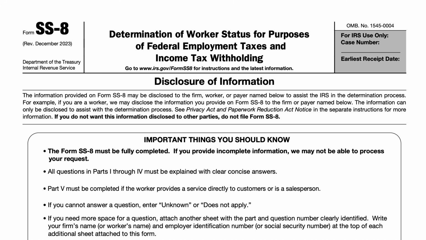So generally speaking, the more independence you have in your ability to do your job, if you have flexibility to work for multiple employers, if you are able to do the same work across different companies, the more flexibility you have with your time, with whatever you're responsible for, the more likely the IRS would be to consider that you are an independent contractor.